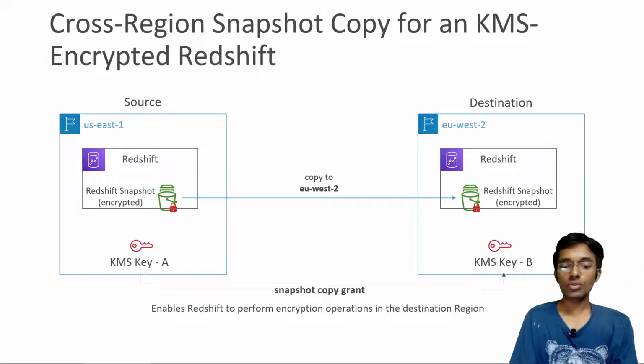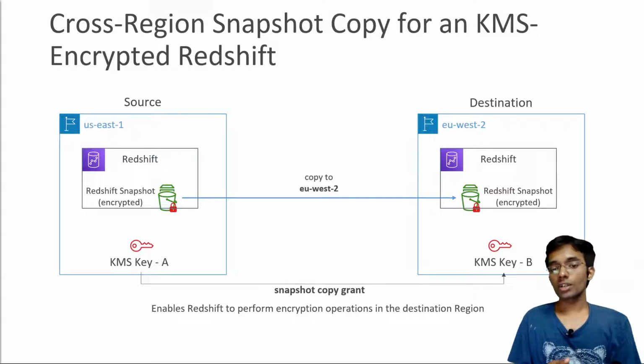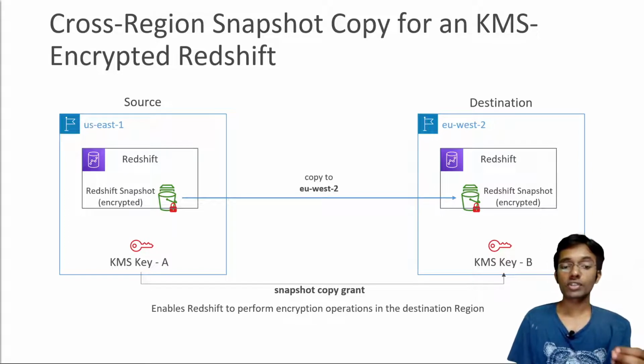So how do we do a cross-region snapshot copy of KMS encrypted Redshift snapshots? You have the source, and your snapshot is in your source region. It's encrypted using the KMS key A, and you want to copy it into the destination KMS key B. So what we need to do is create a Redshift snapshot copy grant, and what it does is allow Redshift, the service, to perform encryption operations in the destination region.